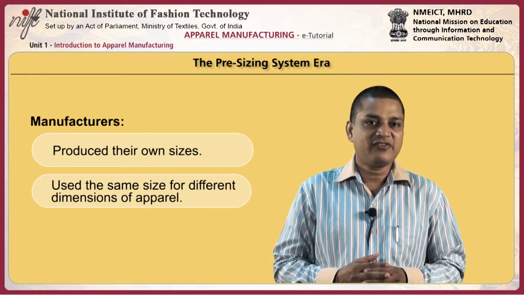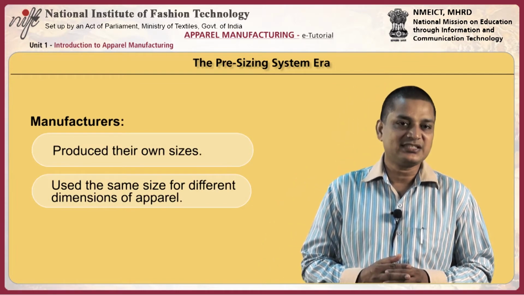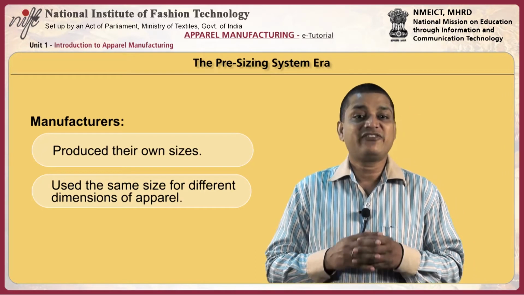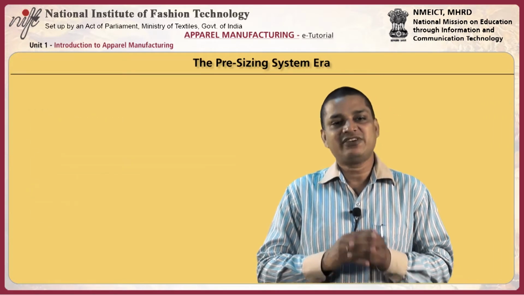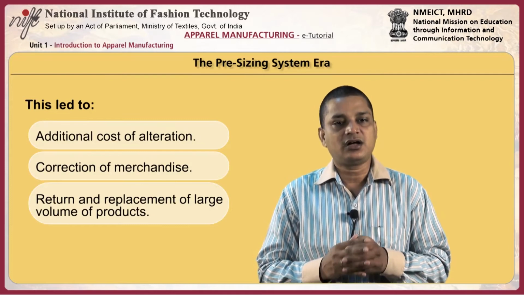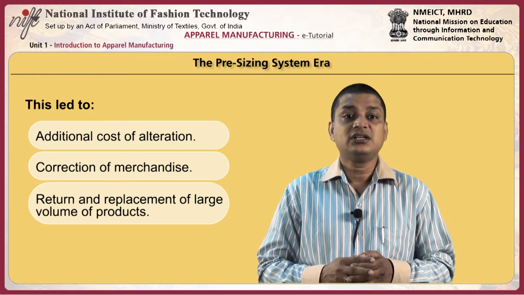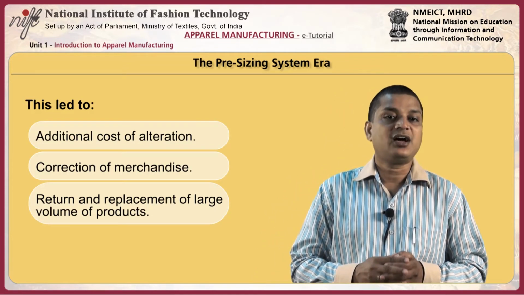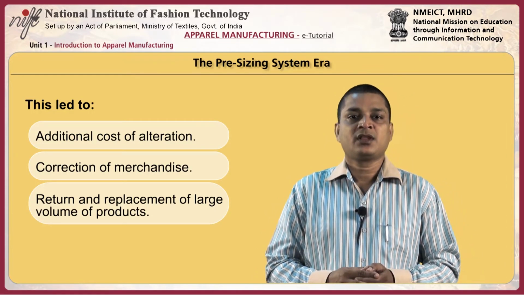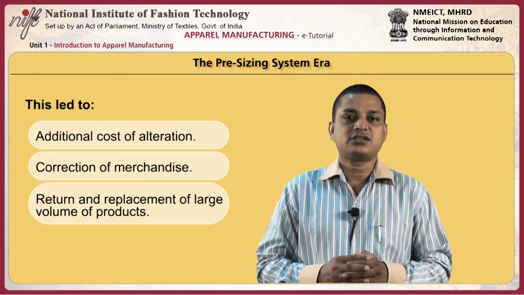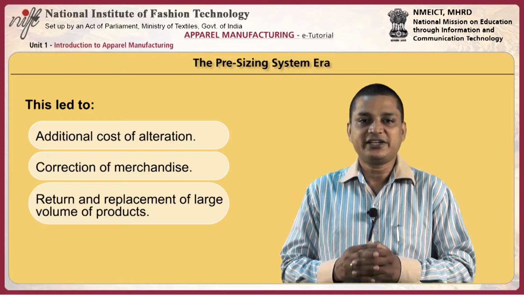Thus, each manufacturer produced its own sizes. Manufacturers were using the same size with different dimensions of apparel. This eventually led to additional cost of alteration, correction of merchandise, and also return and replacement of a large volume of products. Ultimately, these resulted in increased cost for end users of RTW garments.